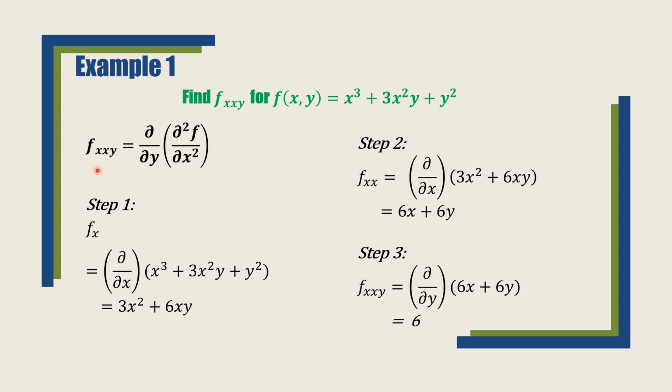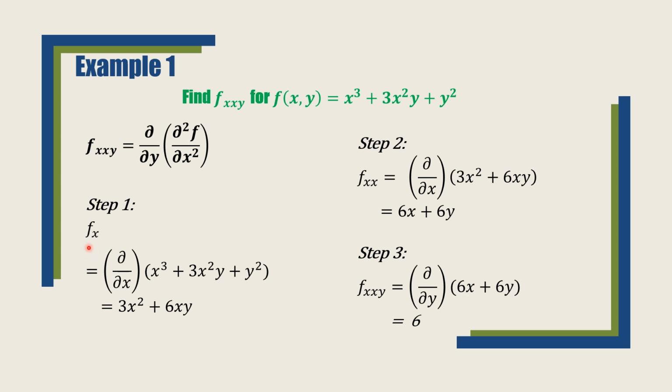So we have this formula, f sub x sub y is equal to the partial derivative with respect to y, like what I have said earlier, of the partial derivative with respect to x, of the quantity of the second partial derivative of f with respect to x squared. Okay, let's have step one.